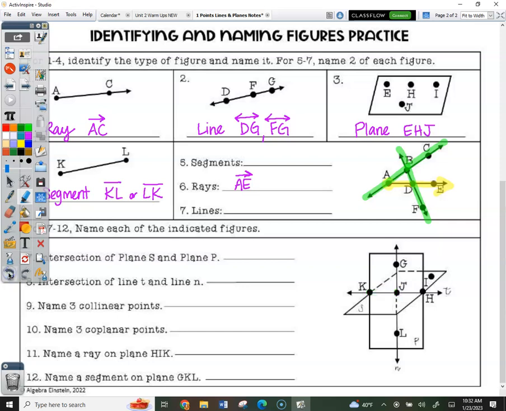It's only 2 letters. Alright, what's the intersection of line T and N? So this is T, and then this is N. Where do they intersect? Point J.